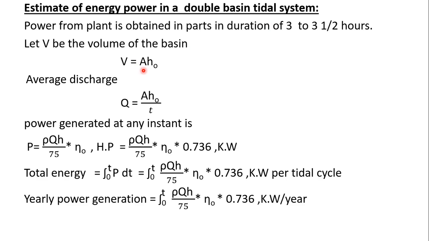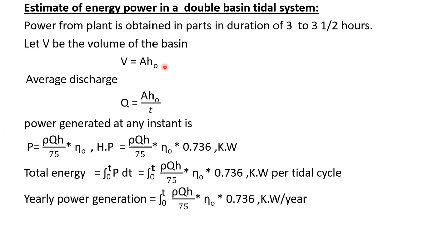H naught is the maximum difference of the water levels, that is the difference between the maximum water level and the minimum water level. If you subtract them, you will get H naught.